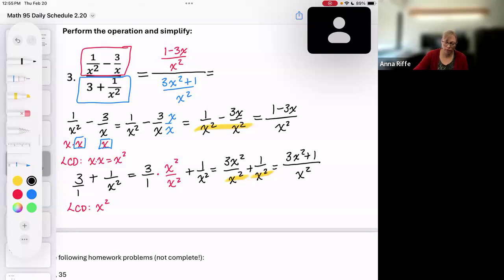I'm going to write that first fraction, 1 minus 3x over x squared. I'm going to change that division, or that fraction line, which represents division, to multiplication. And I'm going to multiply by the reciprocal of the second fraction: x squared over 3x squared plus 1.